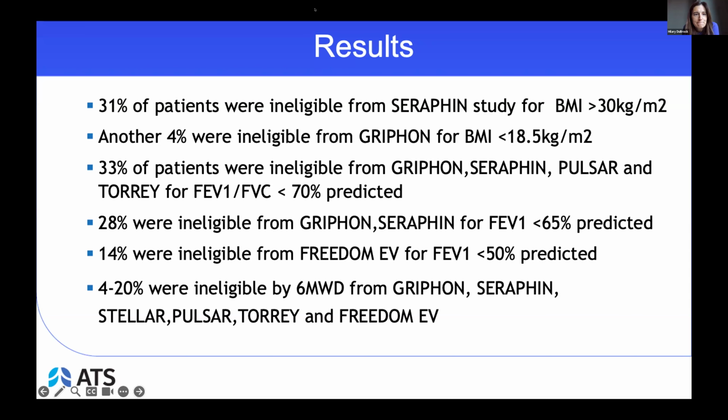Yes. So our patients who had portopulmonary hypertension were not included in any of the trials, like you already mentioned. Some of the trials did include HIV patients, but some did not as well. I think that did play a role in terms of the patients that were excluded, but it wasn't a huge amount.